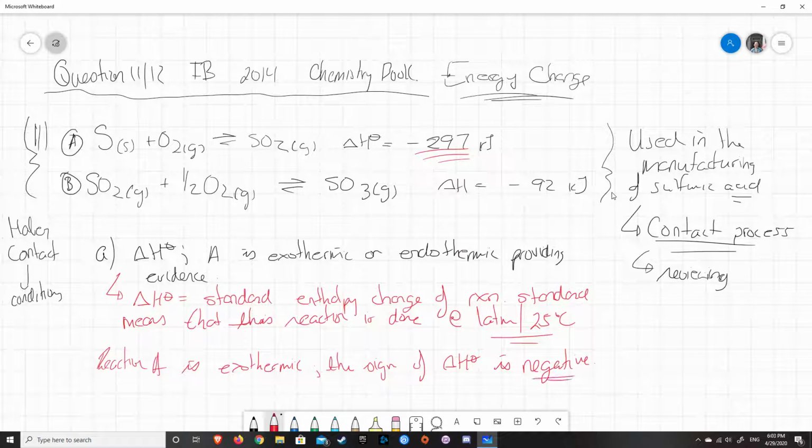And as we all know, a negative delta H means that the bond strength in this molecule is stronger than the bond strengths in these molecules, so it's more stable, and you shed the excess energy as heat in this case.